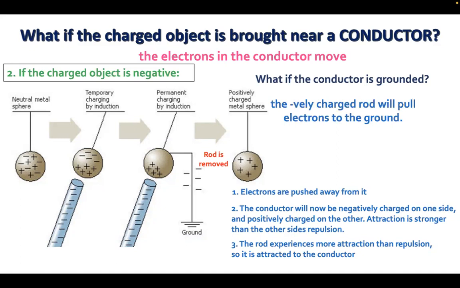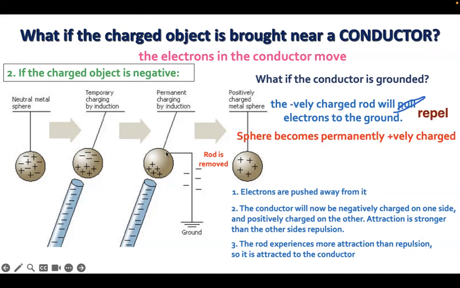So what happens is the negatively charged rod will push the electrons to the ground, repel the electrons. This word should be repel, okay? Here. Repel electrons to the ground, push them away. Okay? Makes sense? Okay. So the sphere becomes permanently positively charged by induction.